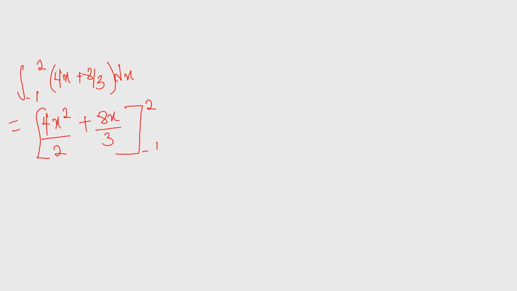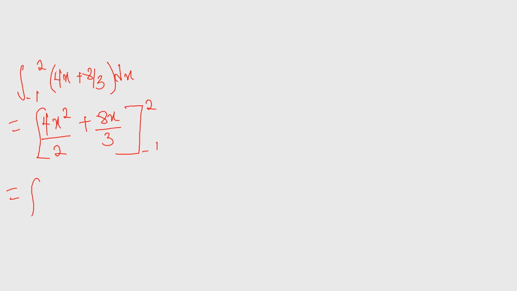Then we have the integral of 4x plus 8 over 3 dx. At this point, we will integrate with respect to x. We are going to have 4x squared over 2 plus 8x over 3, with the boundary of 2 and -1, which leaves us with, at this point, putting in the value of x for the upper and the lower.